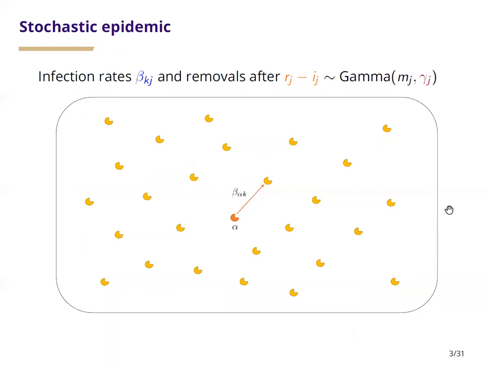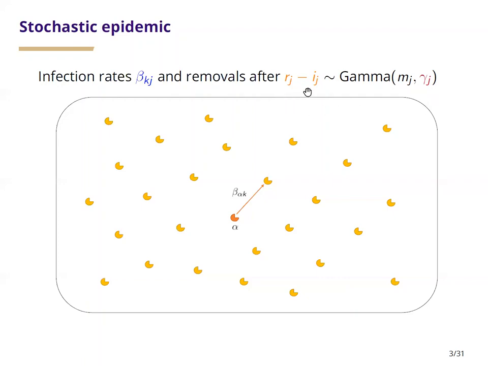As a starter, I'm going to describe with a little cartoon animation the stochastic epidemic model. Here in blue, I'm going to have infection rates beta kj that vary between individuals. We'll have removals such that the infected individual has an infectious period, rj minus ij, that will be gamma distributed with an integer shape parameter mj and a removal rate gamma j.